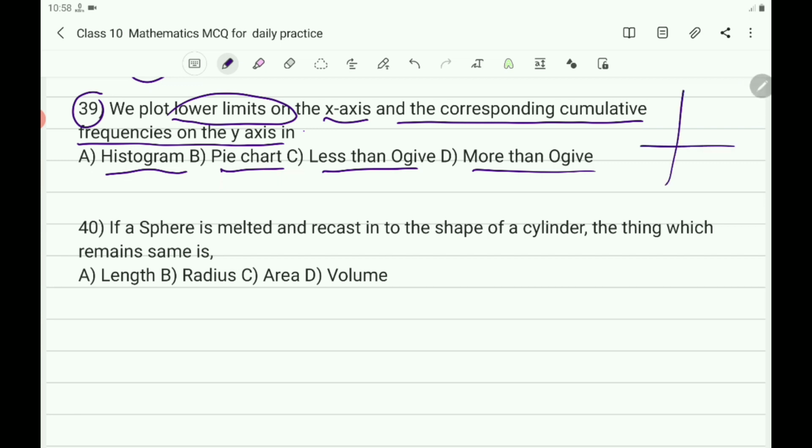If the lower limit is taken on the x-axis, it is the more than type ogive. For the less than type ogive, we take the upper limit on the x-axis. If you take the lower limit on the x-axis, then it becomes the more than type ogive.